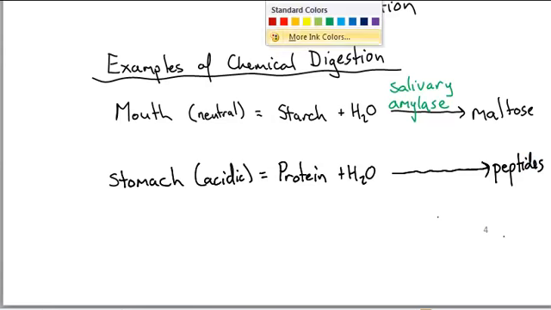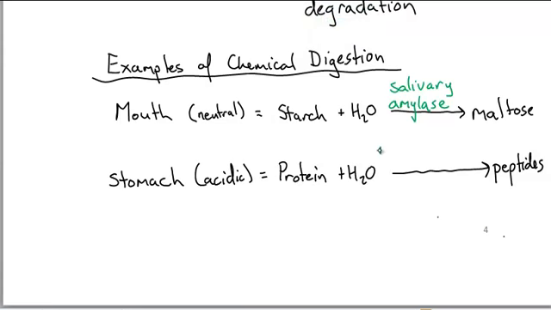And this is courtesy of an enzyme called pepsin. I'm going to write it down here as pepsin, and then in brackets, ogen, because pepsinogen is the inactive form, and then it becomes pepsin when it's activated. And we'll talk about how that occurs when we talk about the stomach in particular.